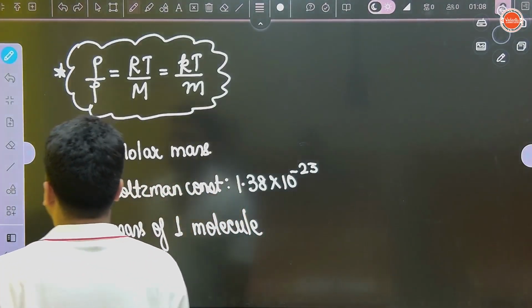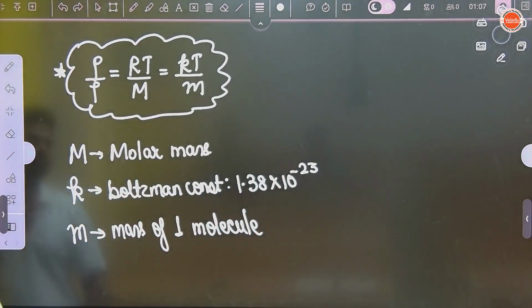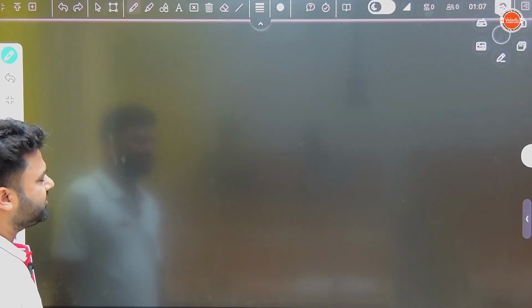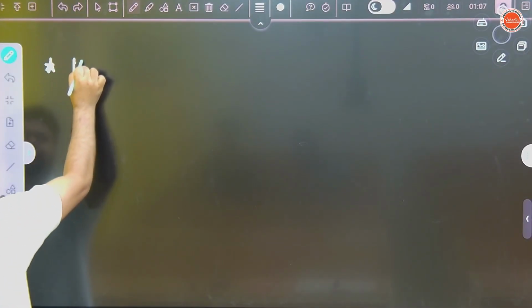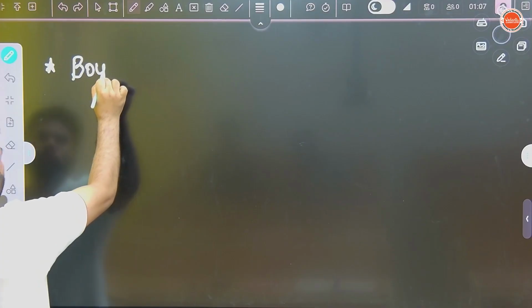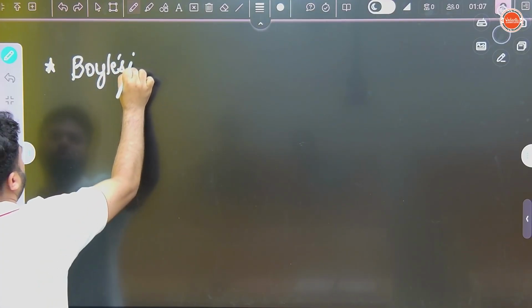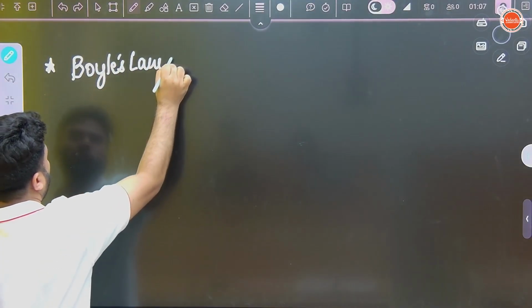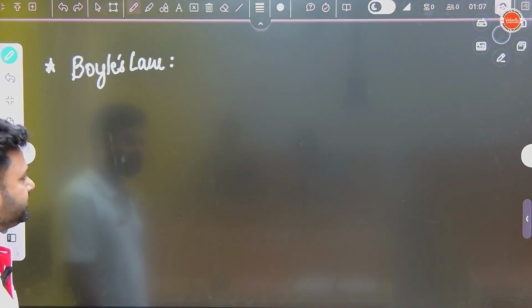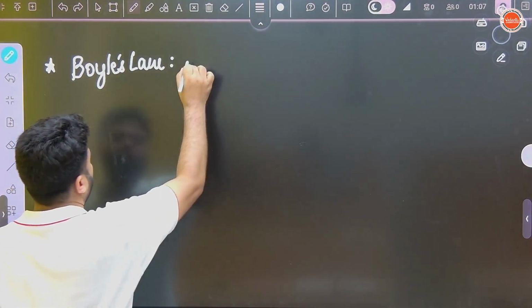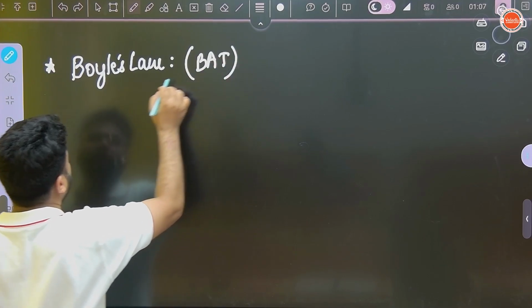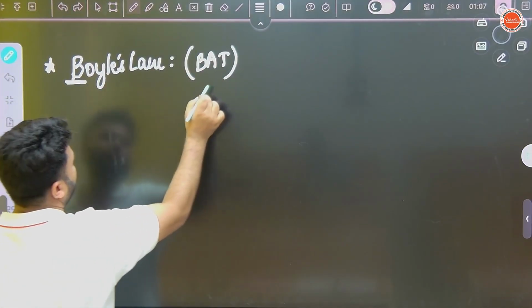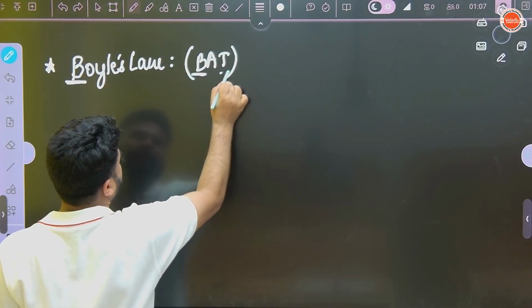Then we have some laws, like Boyle's law. You remember the word BAT. Why am I telling you? B for Boyle's law and T for temperature.